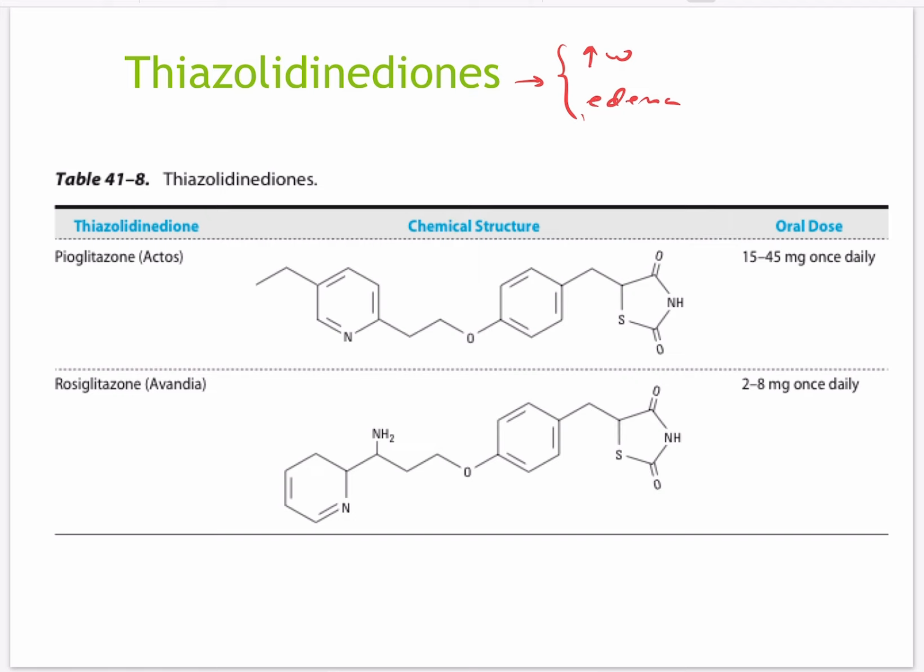Increased fluid retention is very important and can also happen in the vascular system. It can also affect CHF, and as I mentioned, edema, or it can affect the cardiovascular system, which is important.